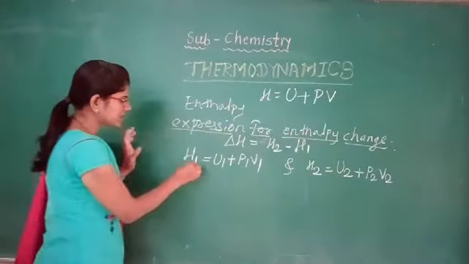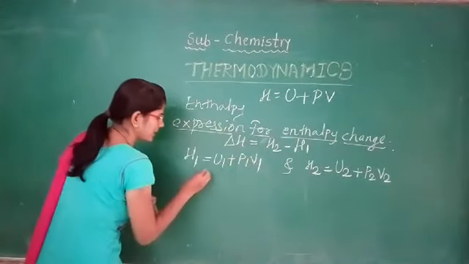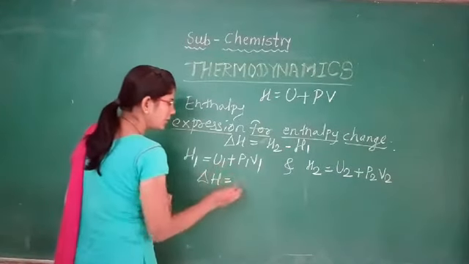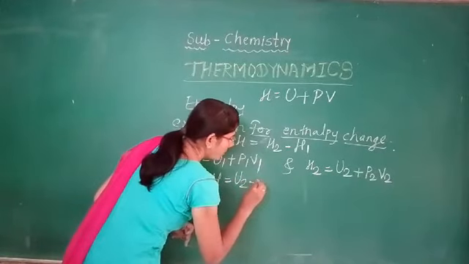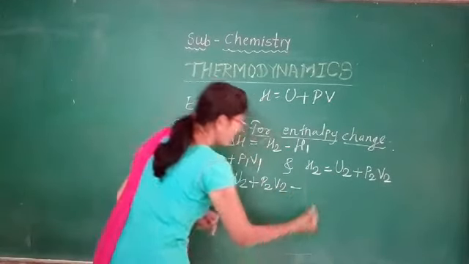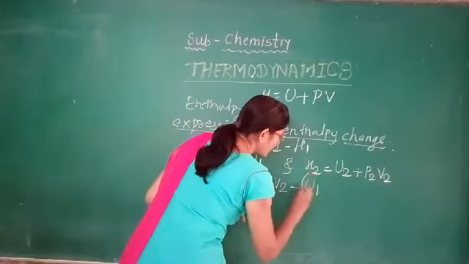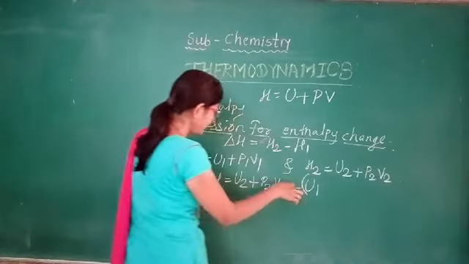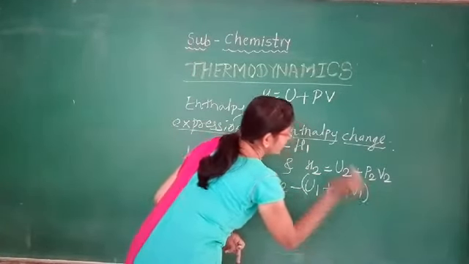Putting these values of H1 and H2 in the change in enthalpy expression, we get delta H equal to U2 plus P2 V2 minus, in the bracket, U1 plus P1 V1.